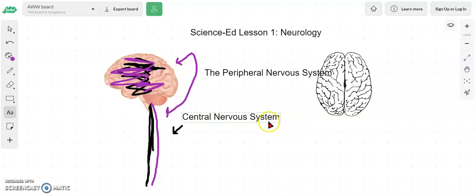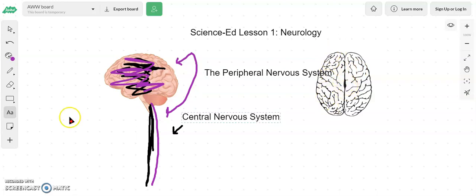So the brain is divided up into a lot of different parts, but right now we're going to talk about the top part of the brain. Right here is the cerebrum. The cerebrum is also divided into two parts.